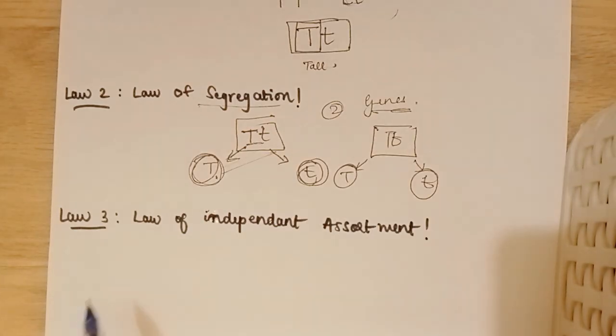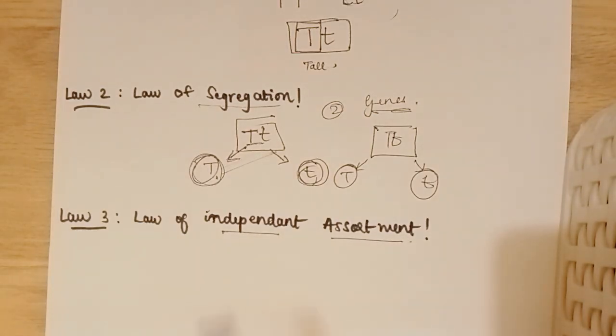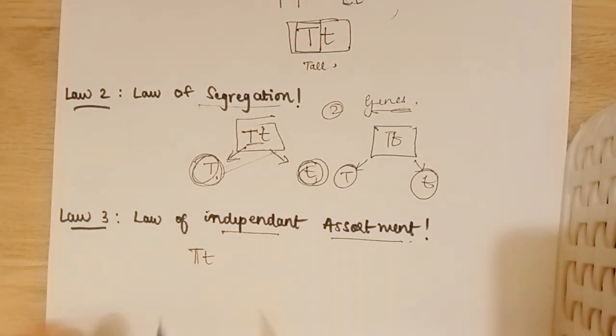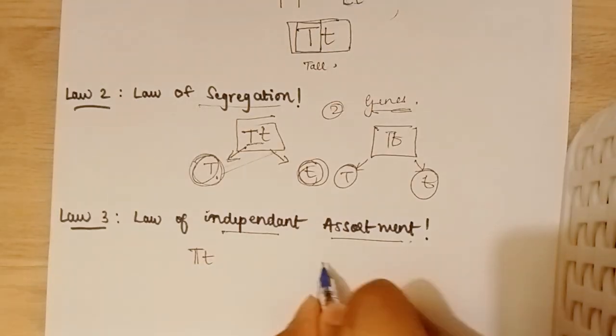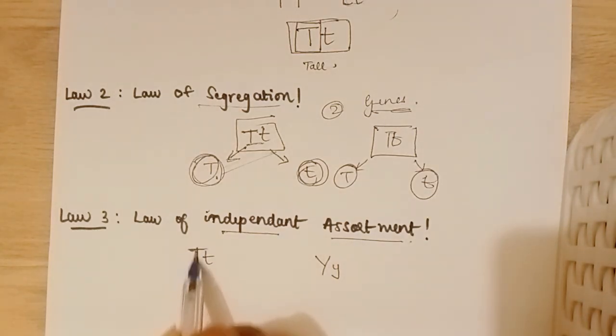The third law that Mendel brought was the law of independent assortment. From the name, independent assortment means something is independently moved or brought to some other place. This law tells that different traits are inherited independently. That means if T is the letter for height, and Y or small y is for the color of the seed, then T cannot tell what the color of the seed is.